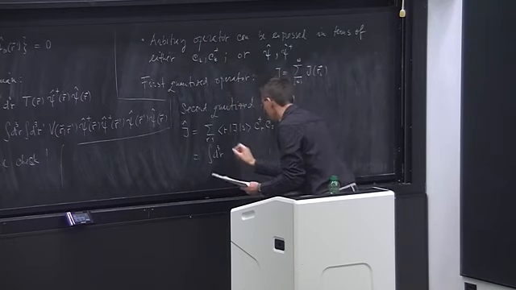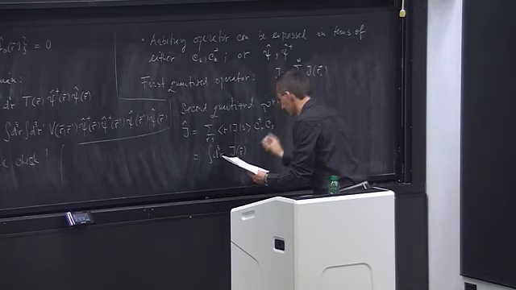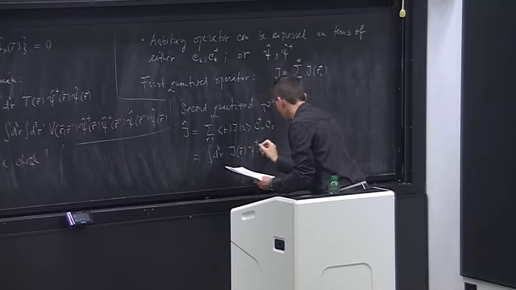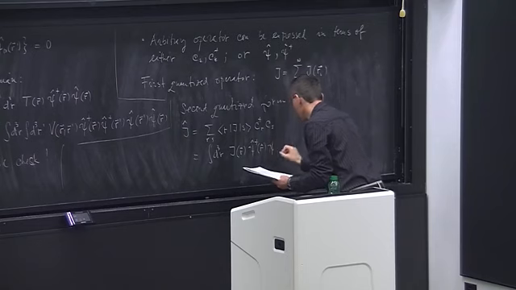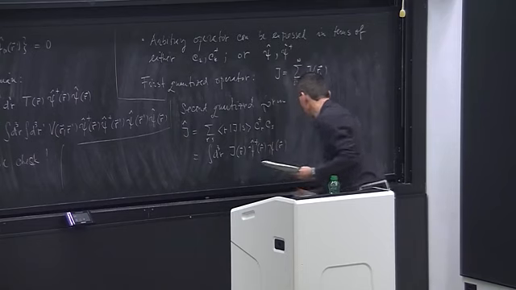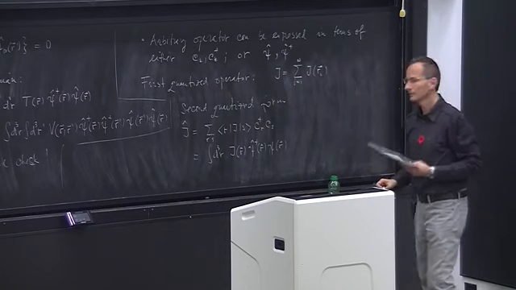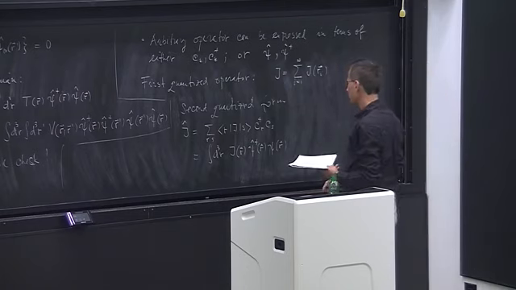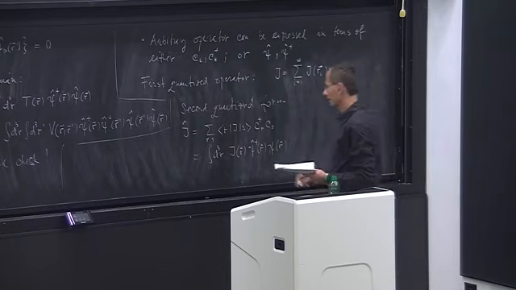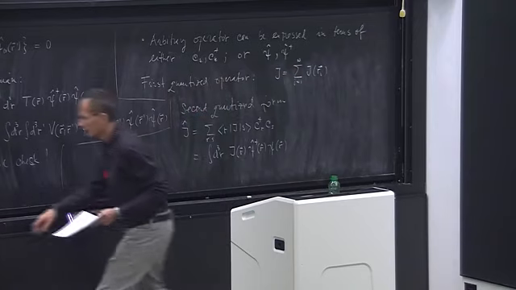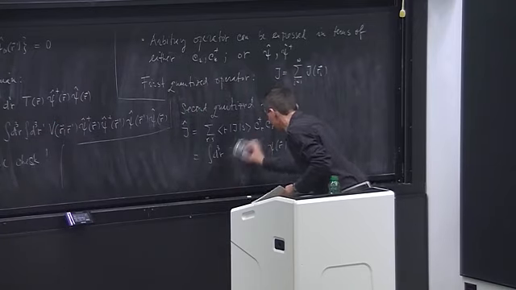d3r of j of r, psi dagger of r hat psi of r. Okay, it's better to write it like this.